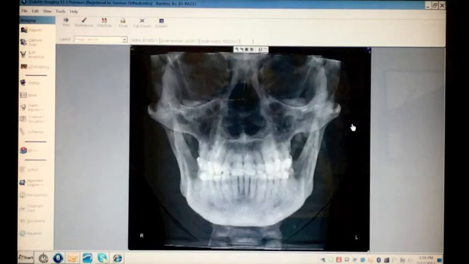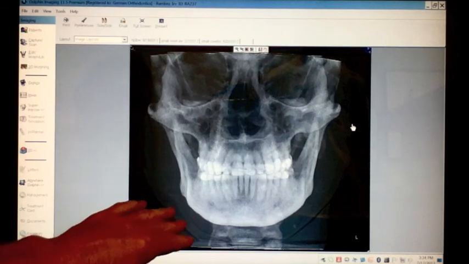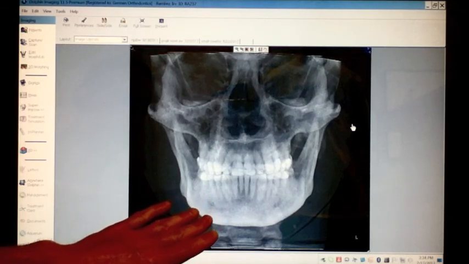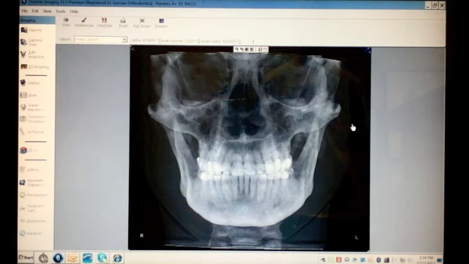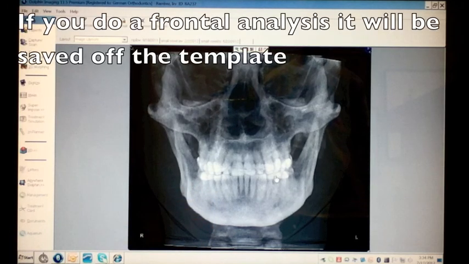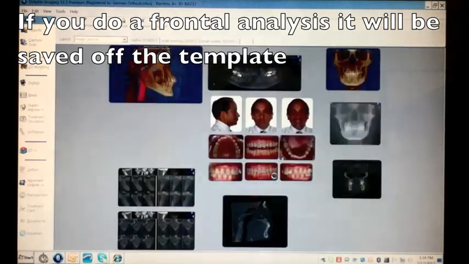The more traditional view from the front is being displayed without any measurements. There are a multitude of different analyses that can be integrated into your study.